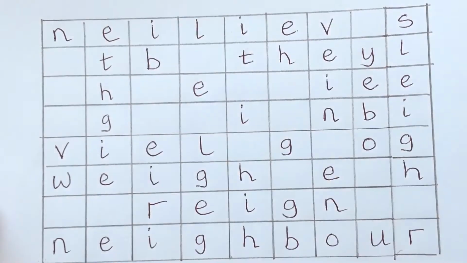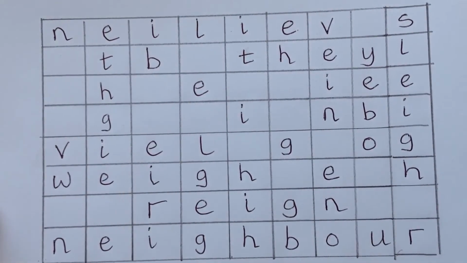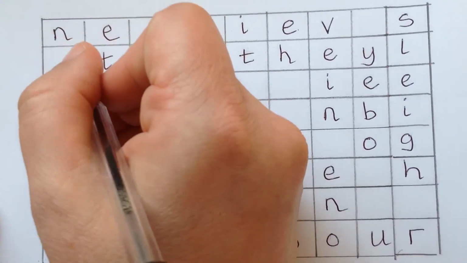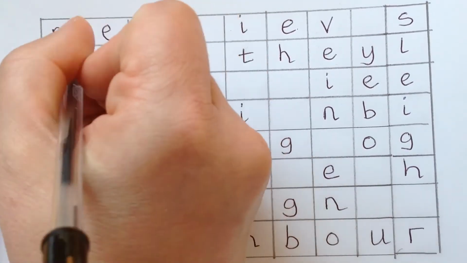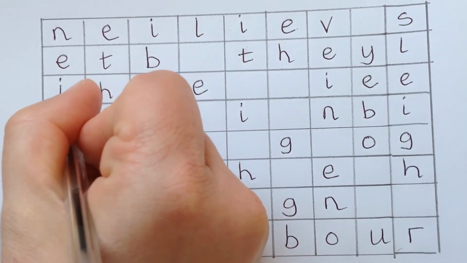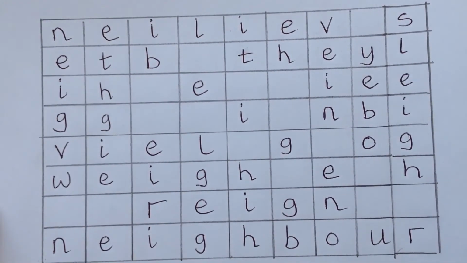N-E-I. So again, you could try and put some red herrings in. Any more red herrings? I'm going to start neighbour down here as well. N-E-I-G, just to try and catch people out.